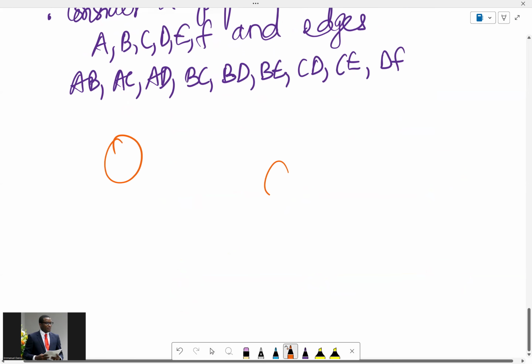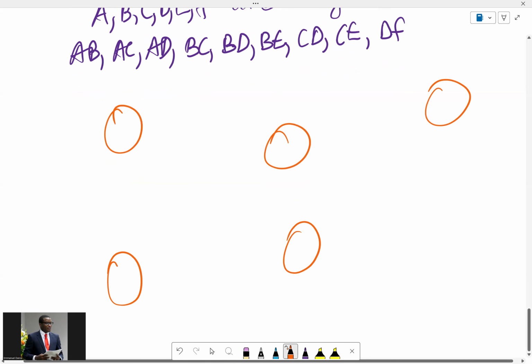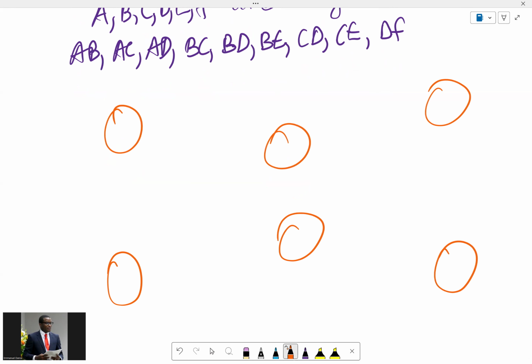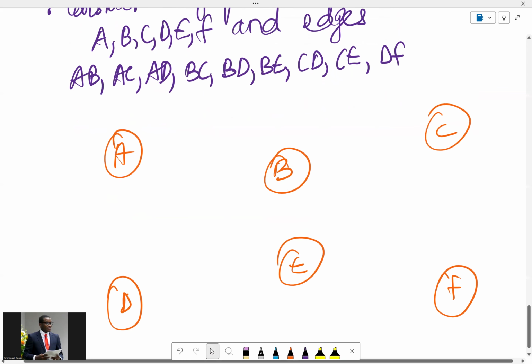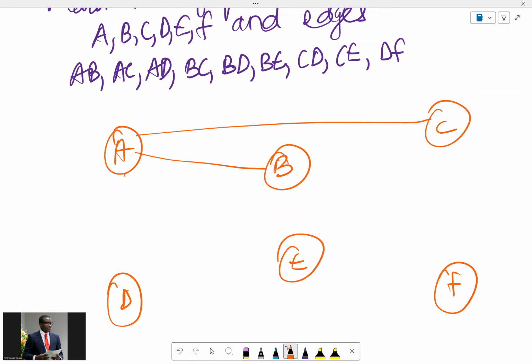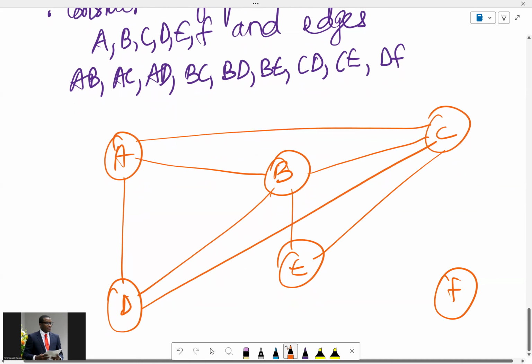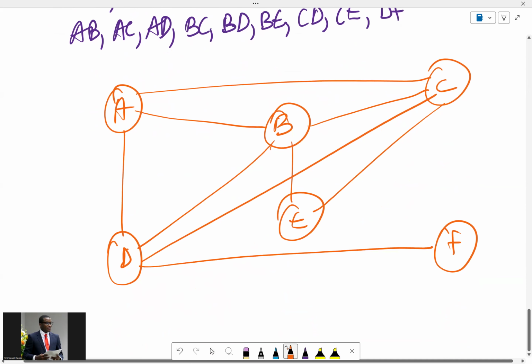So A, B, C, D, E, F, something like this, so that we have AB, AC, AD, BC, BD, BE, CD, then CE, and DF, like this.